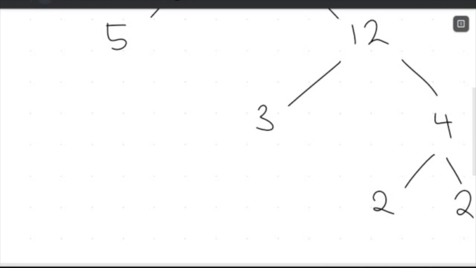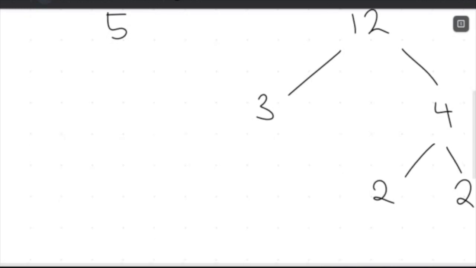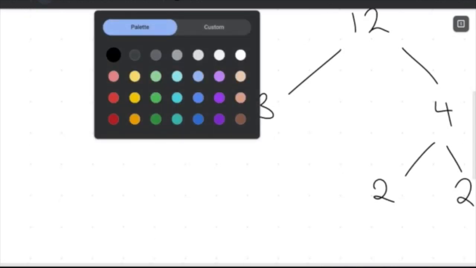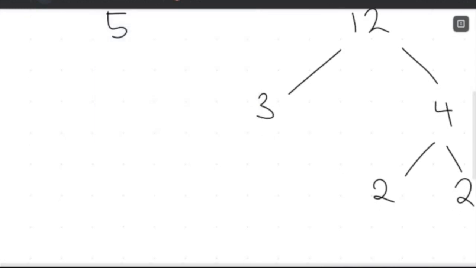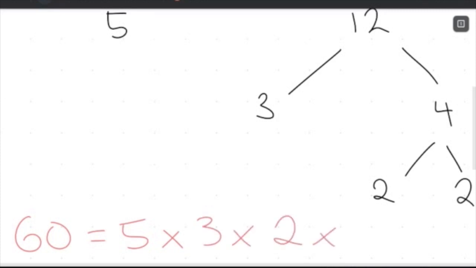Once I've decomposed this, I can now write 60 as 5 times 3 times 2 times 2.